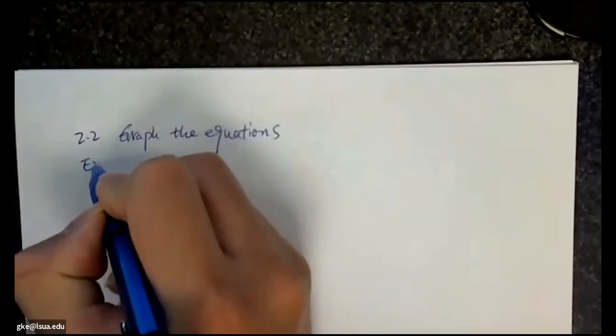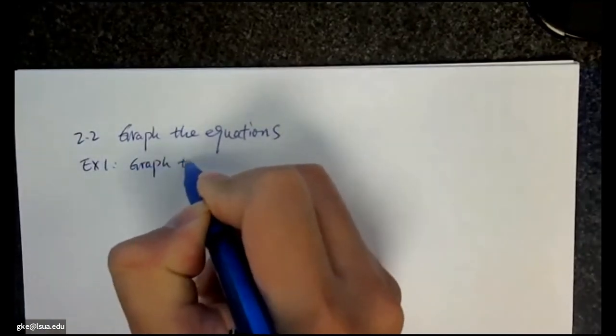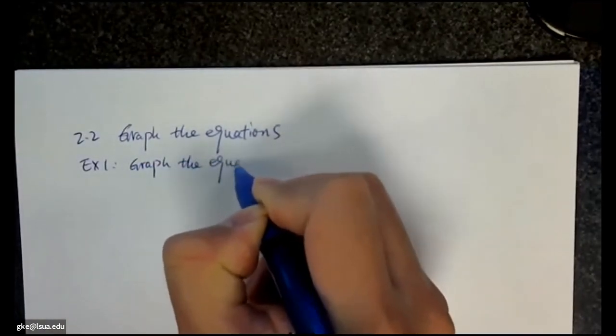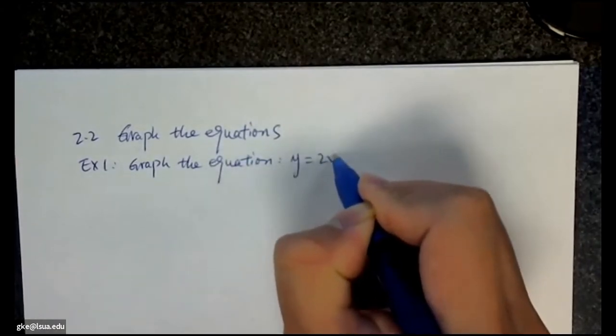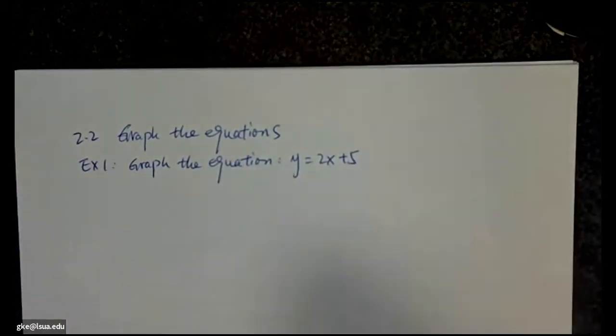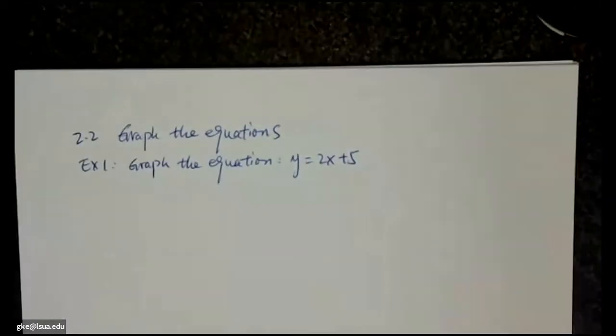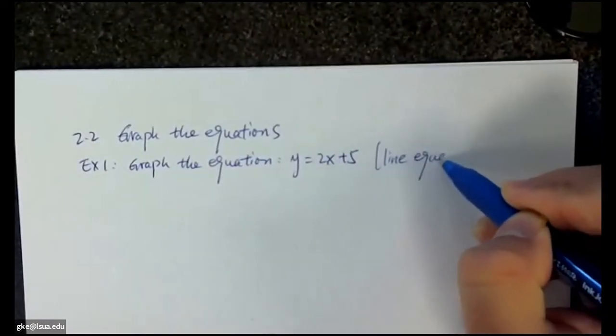Graph the equation y equals 2x plus 5. How to graph this equation? It's very clear that we know that's a line equation, right?